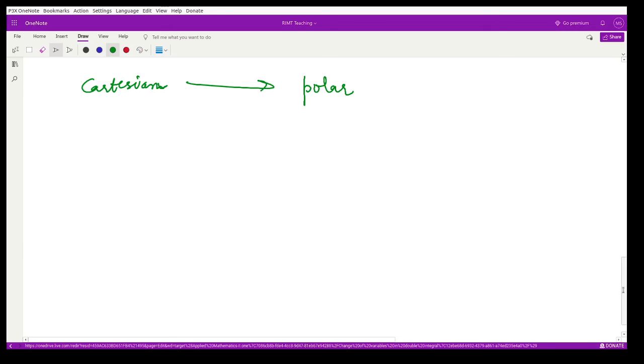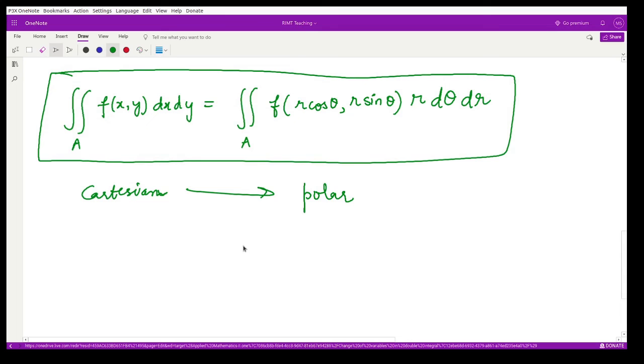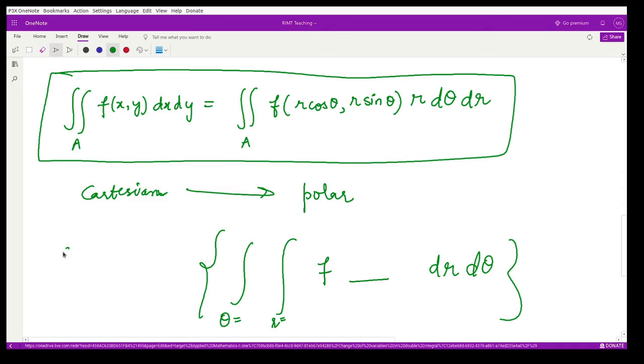So it is a general rule that it is easier when you take the limits of theta first and then r. That means you take the variable limits of r and the constant limits for theta, right? And whatever is your function you write here, and so that means dr and d theta. So this is a good practice. In this way your calculation becomes easy, right?